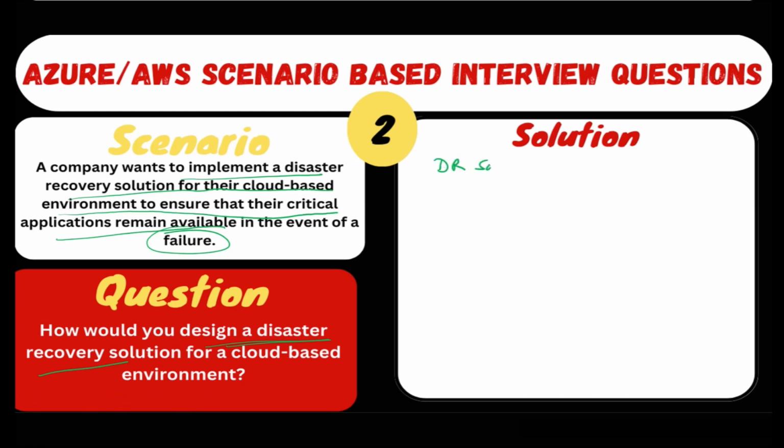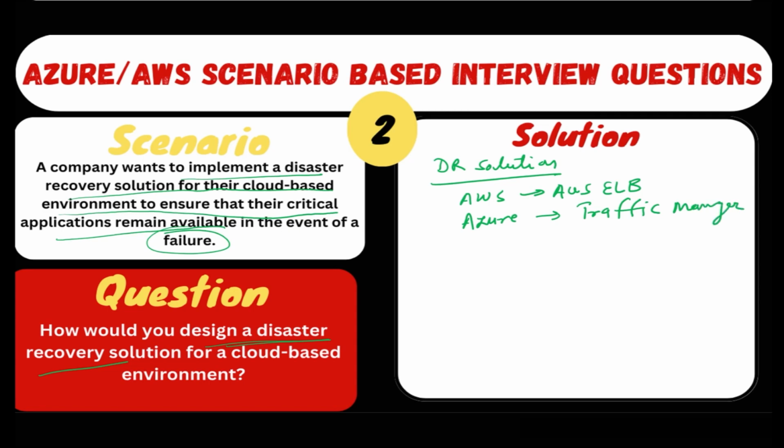Now here we need to understand that when we are thinking about the disaster recovery solution, we also need to think about the services we are going to use from the cloud platform. For AWS, we will look for the Elastic Load Balancing service. If we go for Microsoft Azure, we have a service called Azure Traffic Manager. So in this case, we will use these services for our solution.